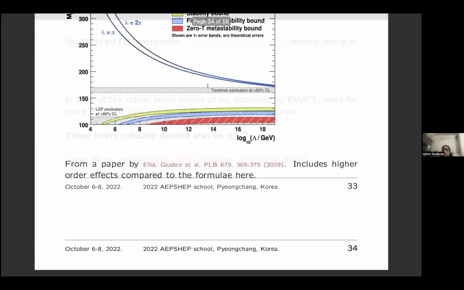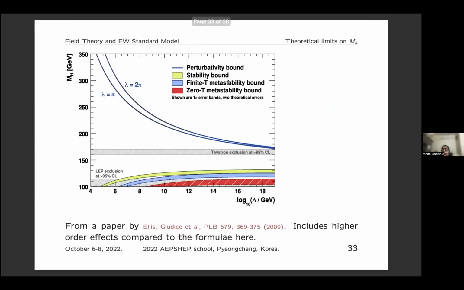By making considerations that the universe is only metastable and not completely stable, the lower limit could be lower. So if the Higgs had been found at a mass much lower than this lower limit, for example at 115 GeV, then we would have to conclude that either there is new physics at some scale, or we are living in a metastable vacuum.